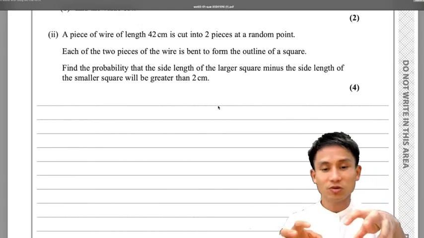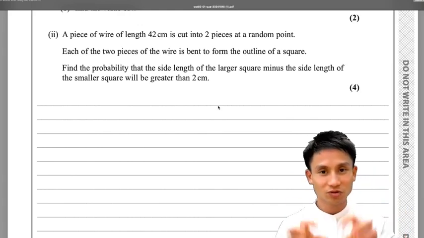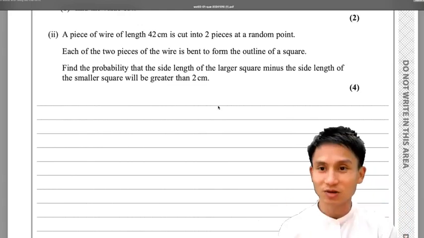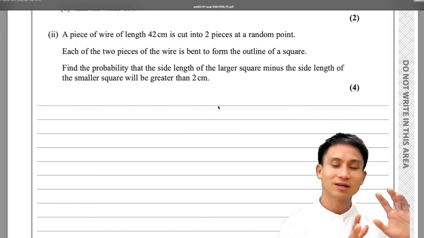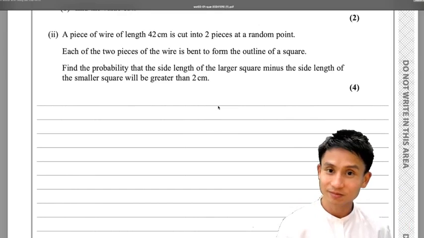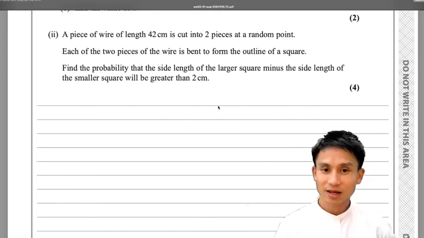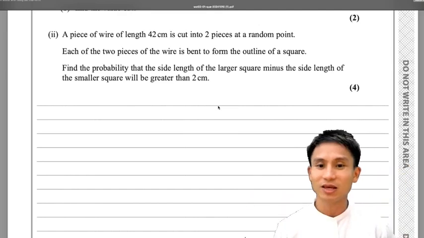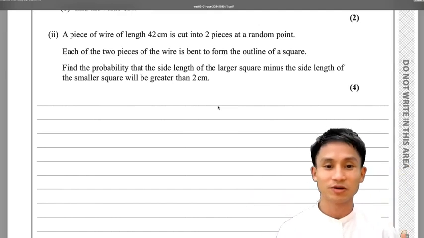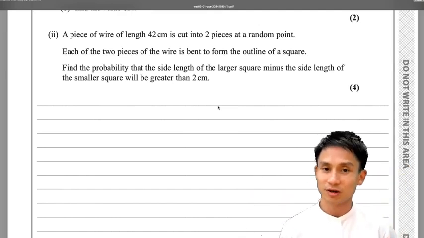But when you do something else to the cutting results, in this case, we cut x, and then the other part is 42 minus x, right? And then we got x and 42 minus x down to calculate the length per side of the square.